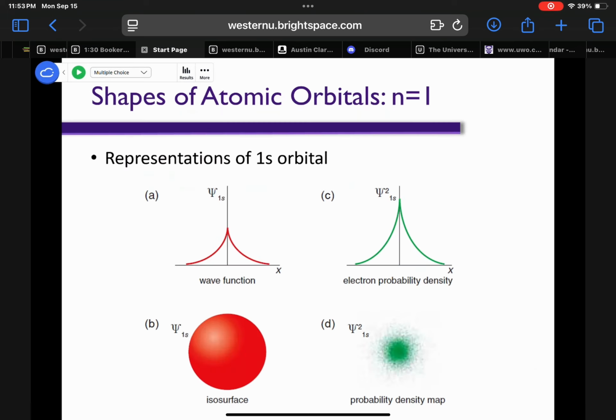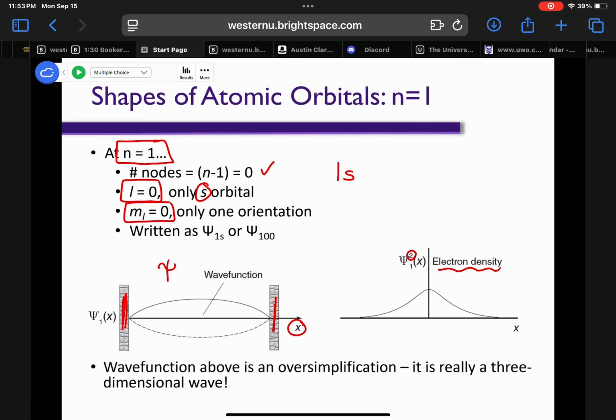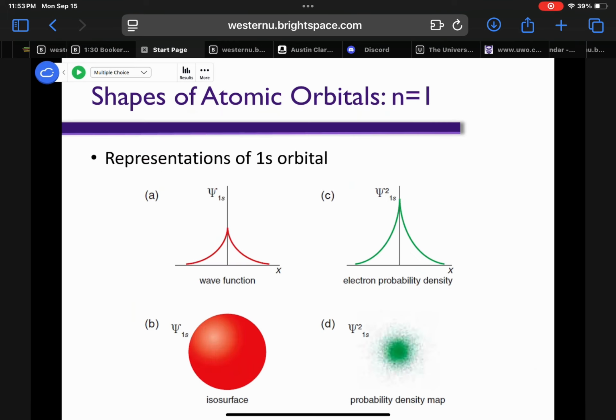I'm going to jump to these images here because it's a little more interesting. So here we have 4 different ways of talking about the 1s orbital. We can plot it out. We can draw this wave function in 1 dimension. Now, of course, we know it actually exists in 3 dimensions, but we just have the x for now.